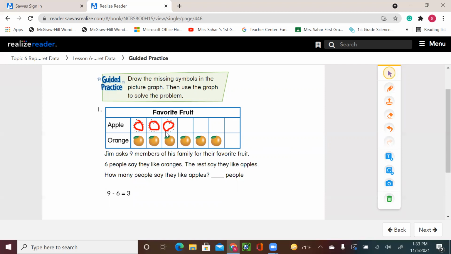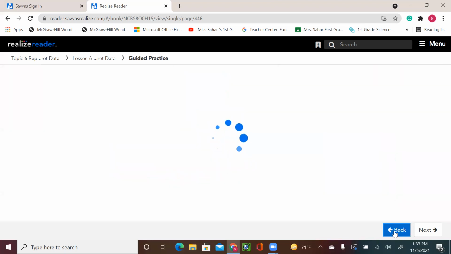So either we can use the picture graph or we can use the equation. So let's put 3 here. So now we know that 6 of Jim's family chose orange, and 3 chose apples as their favorite fruit.